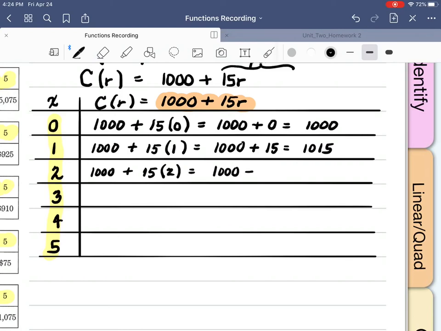And if you get the concept that this is growing by 15, that's very good. You could really just go ahead and fill in those outputs. Now, I don't like shortcuts, and I'm going to go back and do this work. But if I'm taking the HiSET test, I don't have time to do all that. So once you realize that the slope in this formula is 15, that's the unit rate, you can just add that if you want to do it. If you don't see that, that's okay.